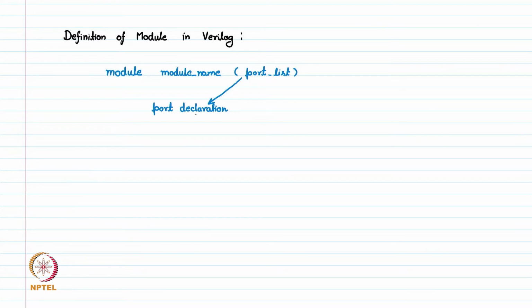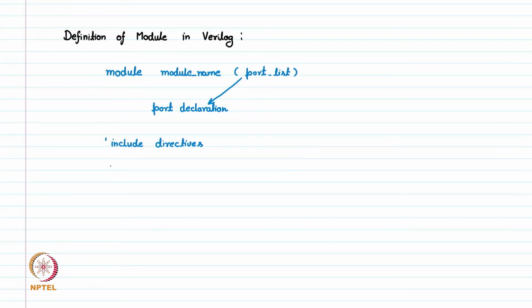So, input A, input B, and output out. So, that is called port declaration. Then we can have some directives which we can include. These are additional directives we want to include in the simulation to tell Verilog about some desired functionality.